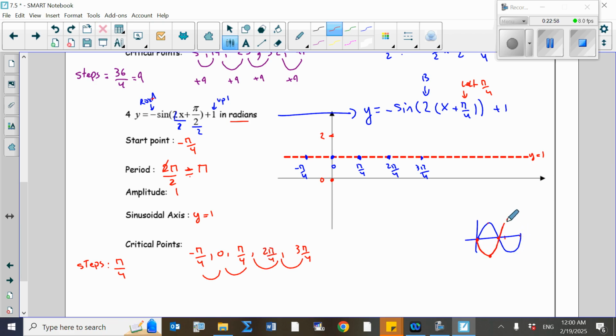So this is your reflection of the function. So you start from a middle point here. Then you have a low point. So at 0, you have a low point here. The next critical point is a middle point. Then you have a high point. So next one is high, and then you have middle. So this is reflected, and it looks like this.